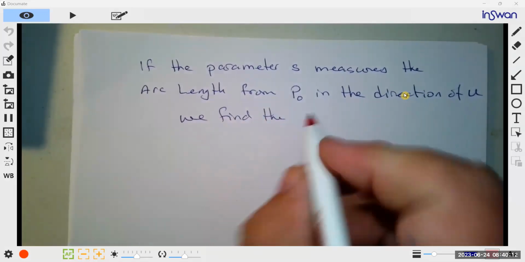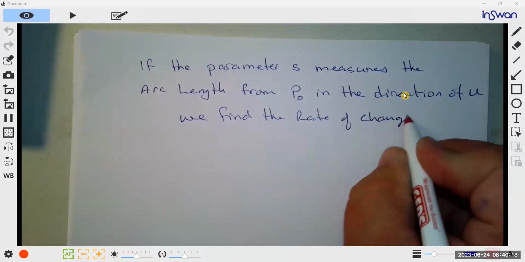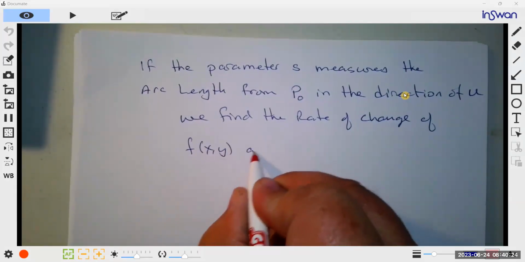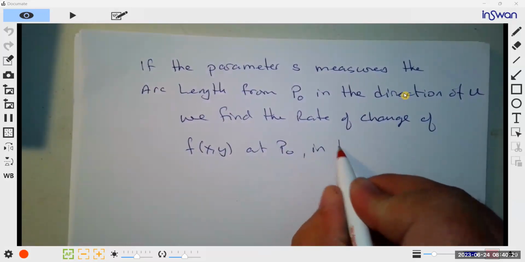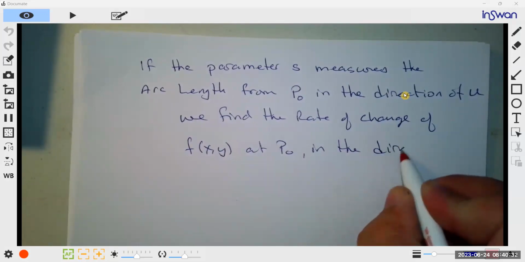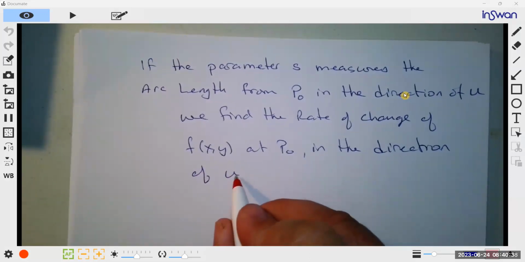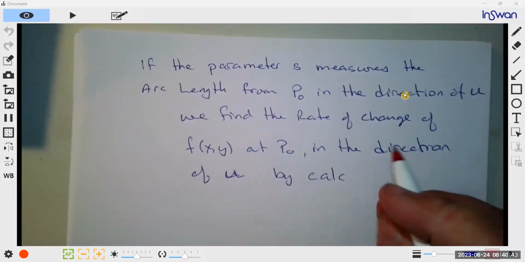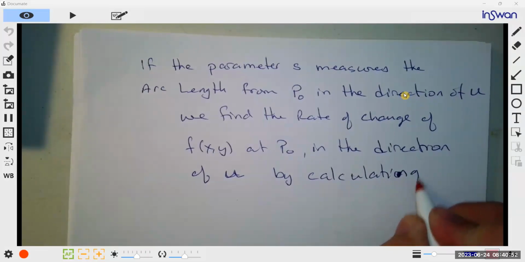we find the rate of change of the function at p sub 0 in the direction of u by calculating the derivative with respect to s.